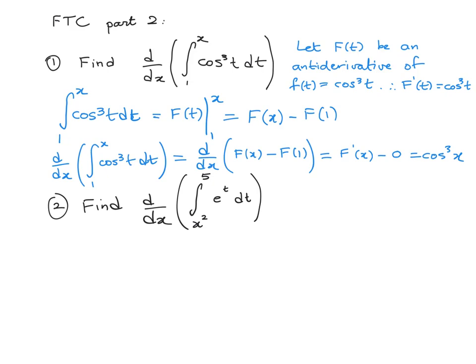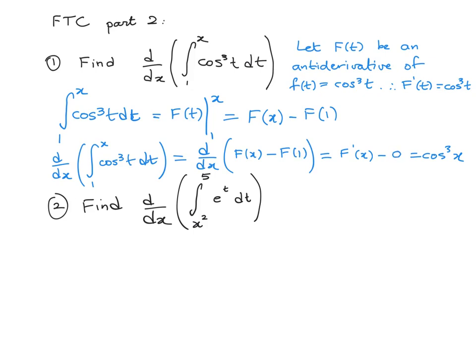Then I took the derivative of that and noticed that when it's capital F of x, that's a function of x, and the derivative is capital F prime of x. But when it's capital F of 1, that was a number whose derivative is 0, and that's a very important point. A lot of people make that mistake: the derivative of capital F of 1 is not capital F prime of 1. Capital F of 1 is already a number whose derivative is 0.